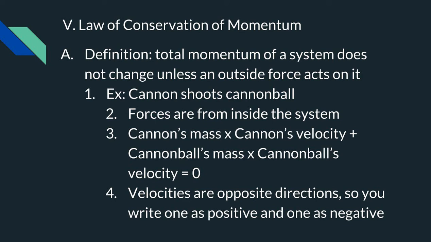Now, how is that true? Because the cannonball's velocity and the cannon's velocity are opposite in direction, so one of those is going to be a negative number. I know some of you are just learning about negative numbers, but this is really important: because they're in different directions, one of them has to be negative, which is what that says. Again, at this point, pause the video until you're done with these notes.